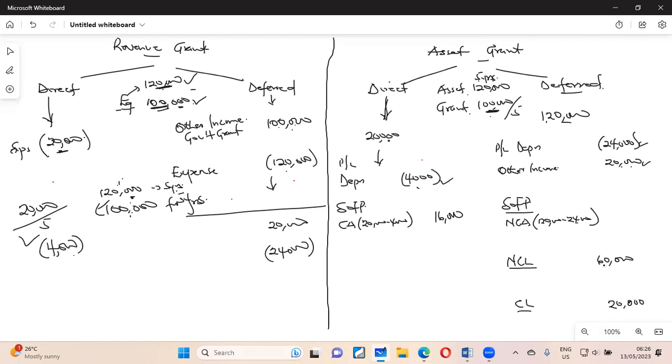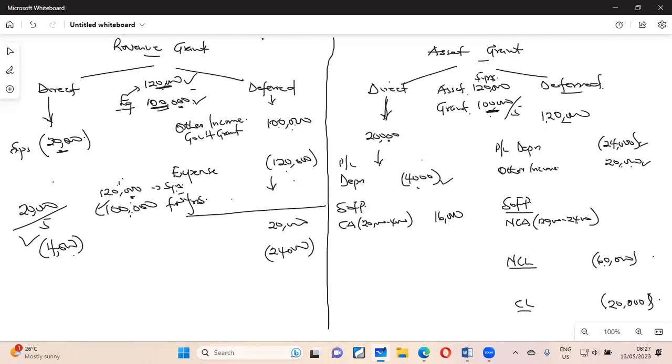Please, it's not a liability, it's a deferred grant, and therefore this is how you treat it. It's not a liability that you owe, it is money that you have received in advance. So every year, what you will do is credit your NCL or your CL, then debit, you will release it over here.